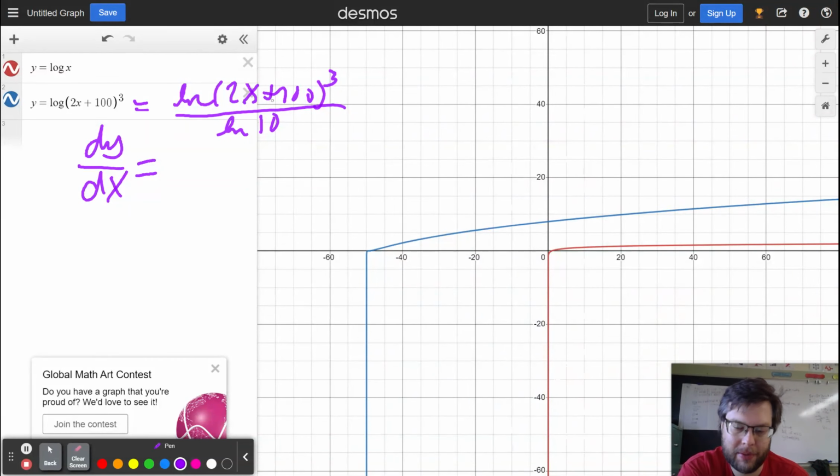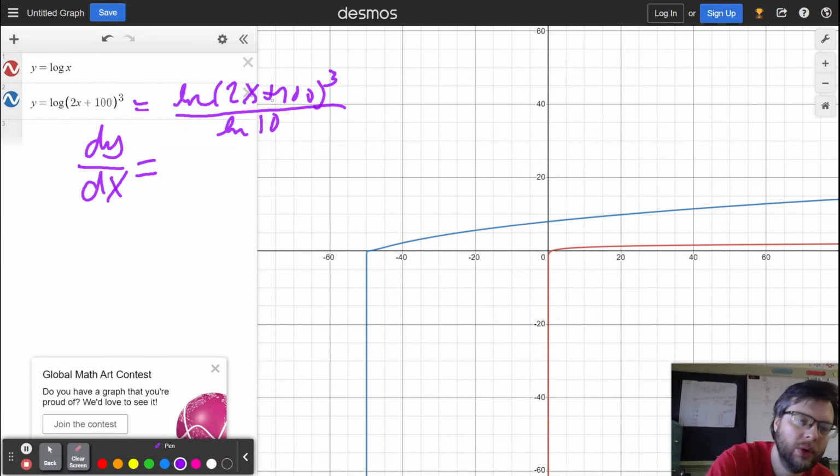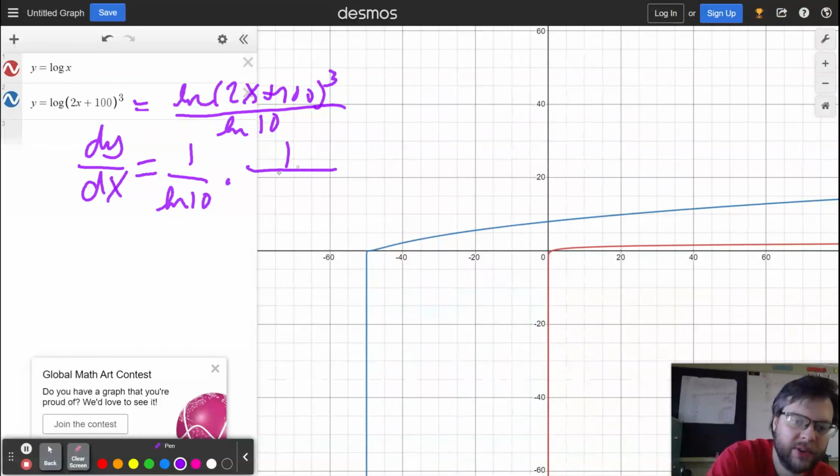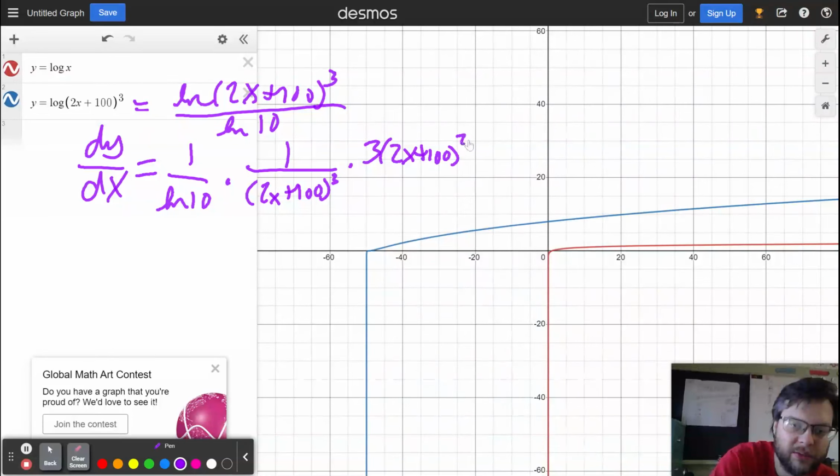You can also just remember that you're dividing by the natural log of the base, which is kind of like when you take the derivative of an exponential function, you multiply by the natural log of the base. So either way, either rewrite it or memorize that. Okay, so when I do dy/dx, I've got the 1 over natural log of 10. Then I've got the derivative of the natural log, which says 1 divided by the inside function, multiplied by the derivative of the inside function.